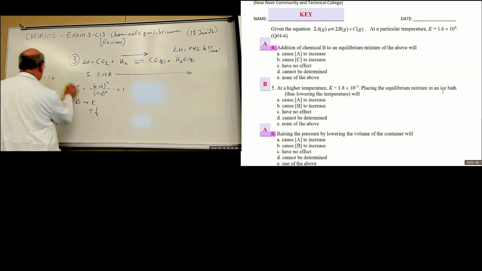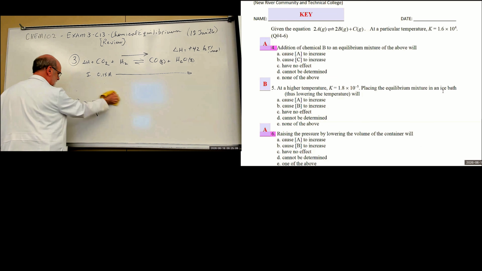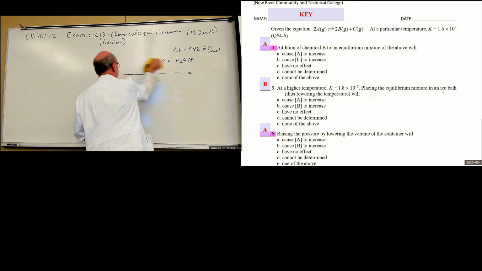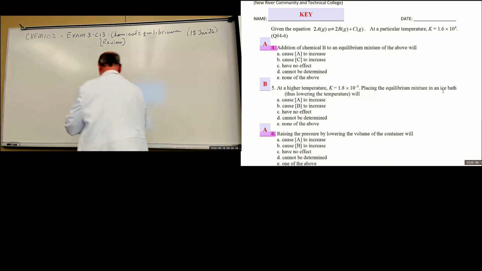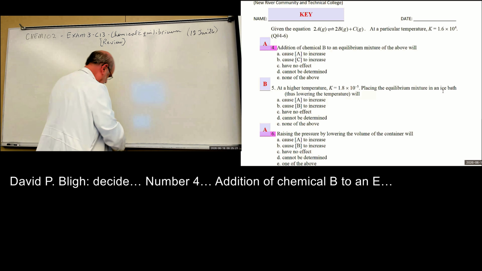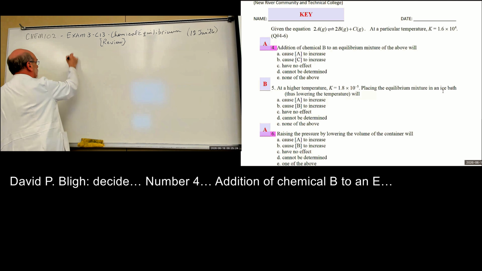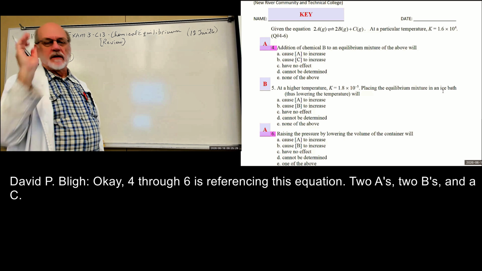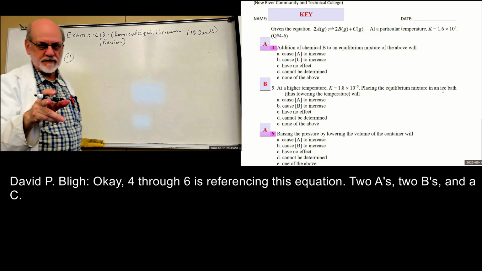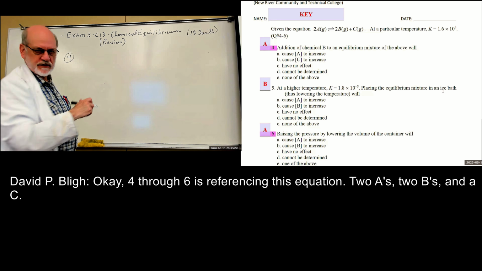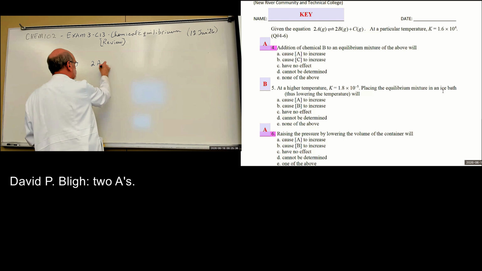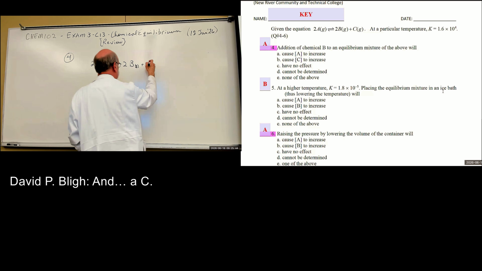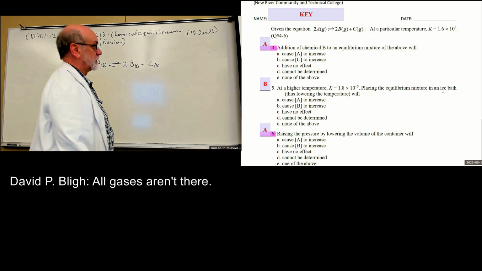Let's see, number 4. Number 4. Addition of chemical B to an okay, 4 through 6 is referencing this equation. 2 A's, 2 B's, and a C. All gases, aren't they?